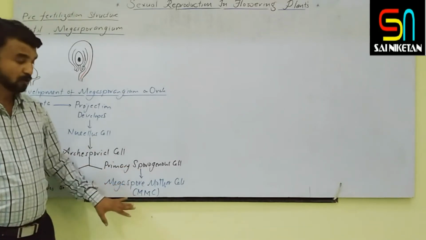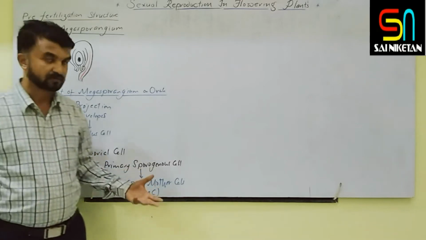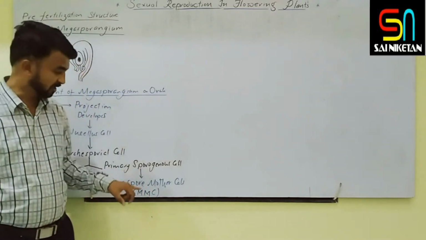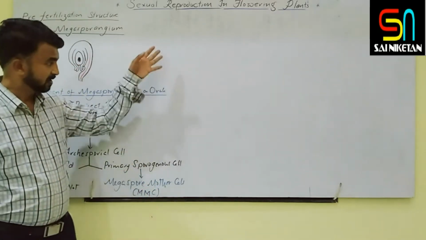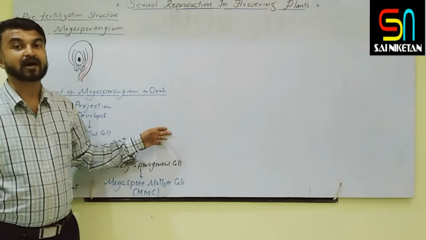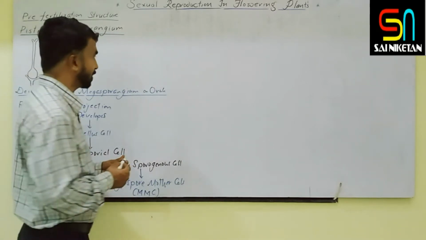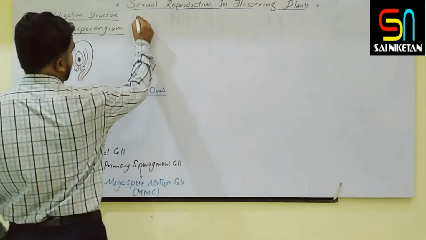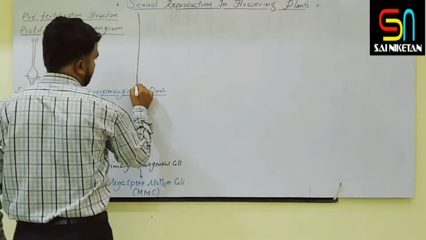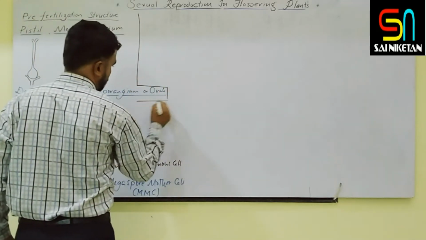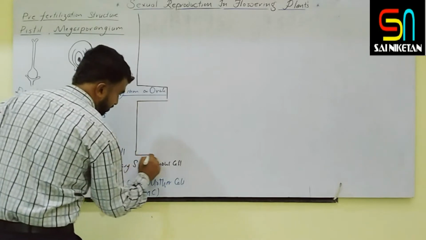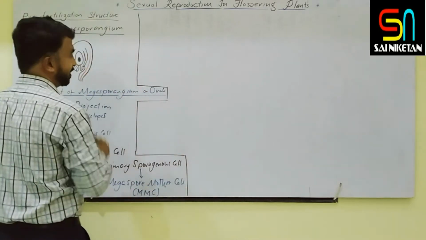The further development, the conversion, whatever changes take place from the megaspore mother cell, comes under the heading megasporogenesis. This megasporogenesis topic is well covered in the textbook. So now try to understand this further topic. This is the extension.